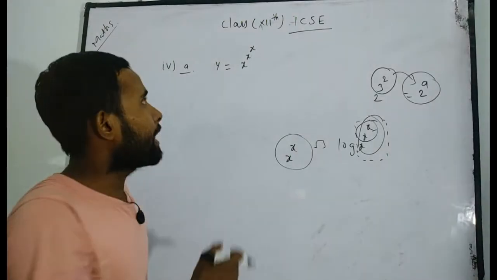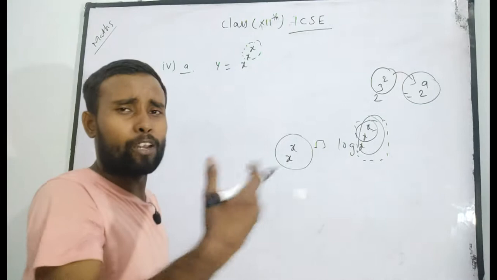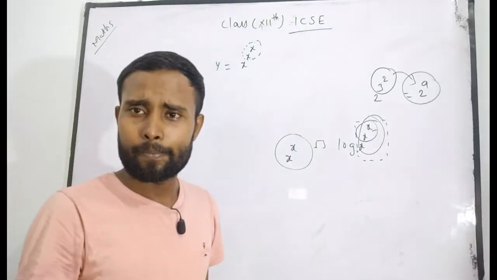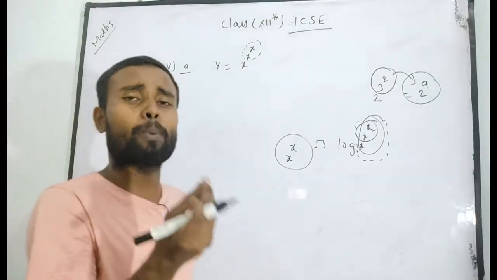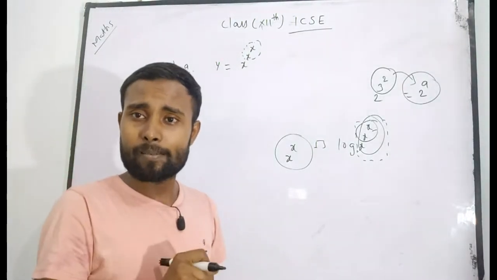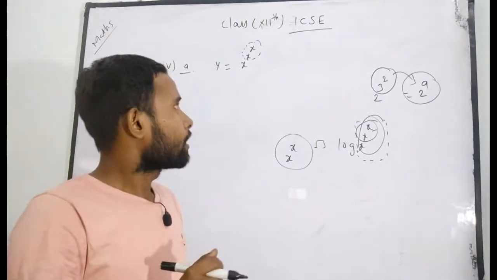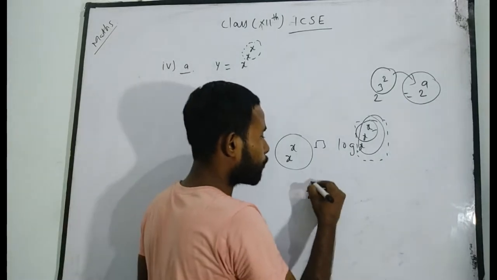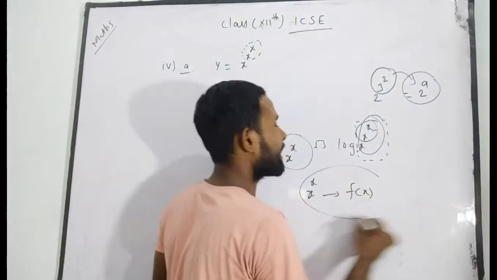In a similar way, here you know that there is x to the power x, but you don't know the value of x to the power x. But for one second, suppose x to the power x is some function relevant to x. Suppose the value of x to the power x is referred to as f(x).